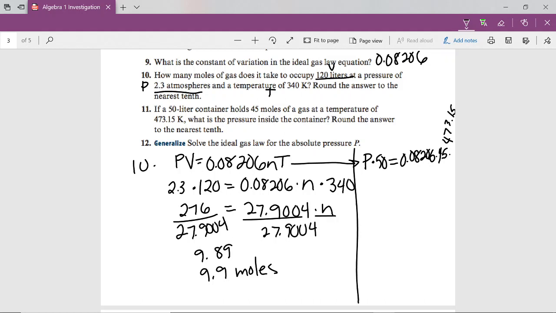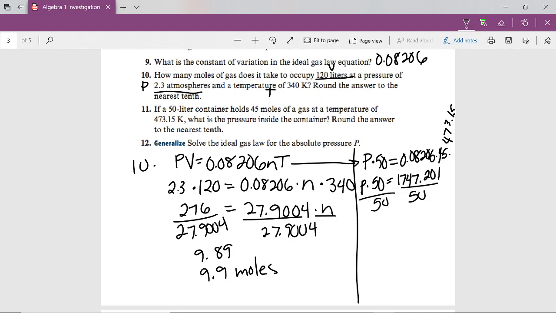Let's simplify that right side. 0.08206 times the number of moles, 45, times the temperature, 473.15. And I get P times 50 equals 1747.201. And now all I have to do is divide by 50.